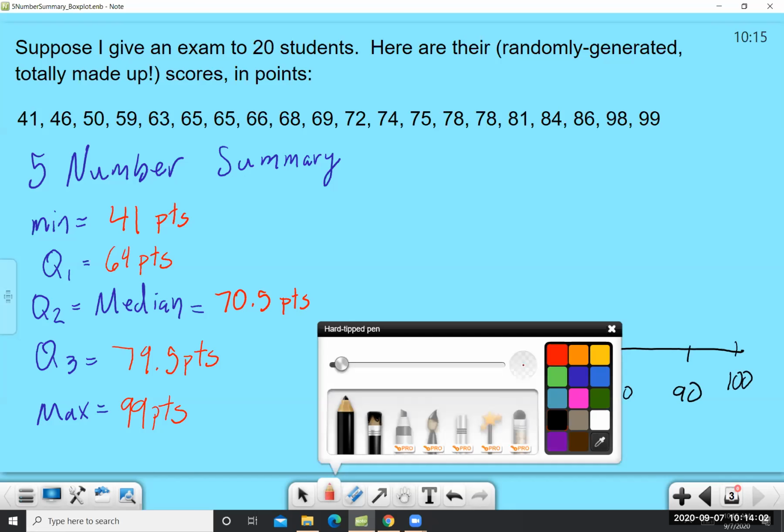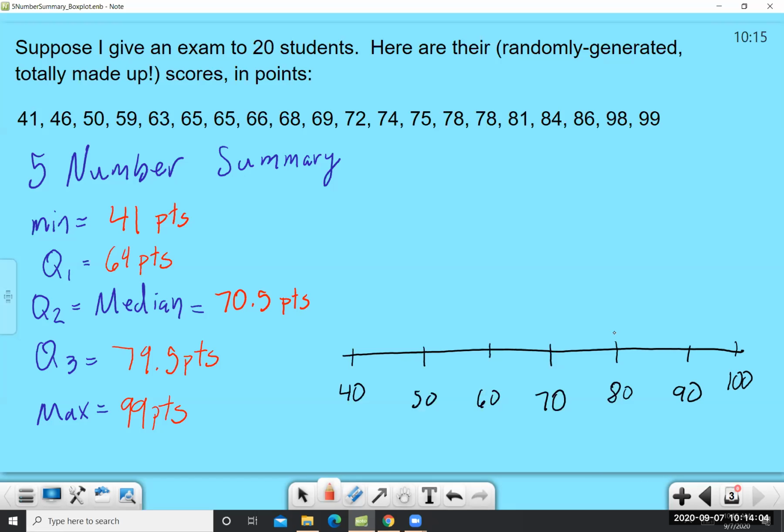So let's see. My minimum was 41 points, so my minimum is just right about there. You can label it for the box plot or not label it; it doesn't matter. And I always go maximum next. There's no real reason. I will go ahead and label that, guys. That's the min. And then the max comes next at 99 points, so that's just right below 100.